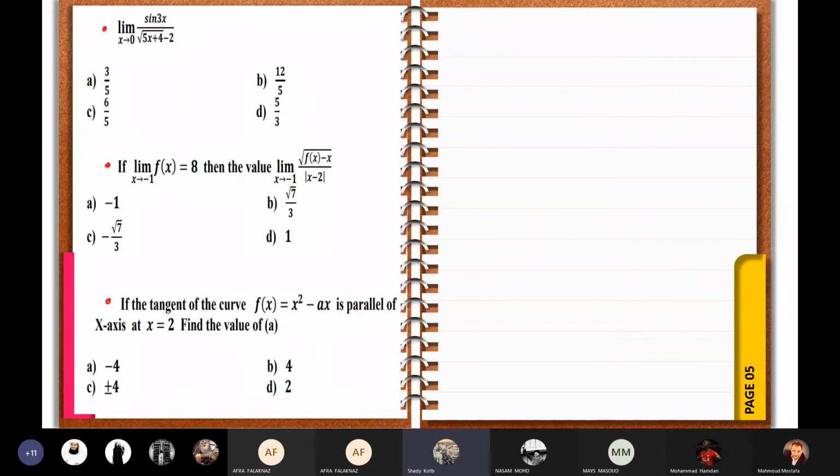First one, take the derivative of the numerator and denominator. Second method, we can multiply by square root of 5x plus 4 plus 2. So let us try to multiply by square root of 5x plus 4 plus 2, up and down.